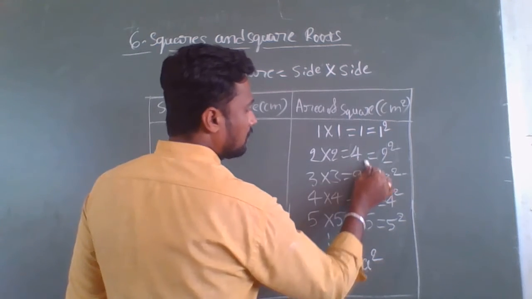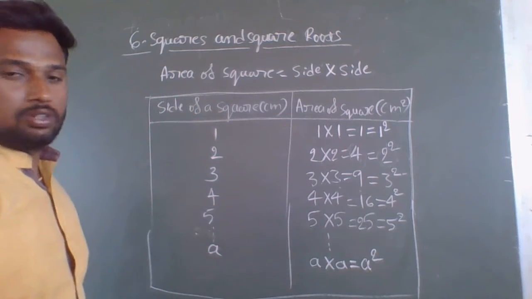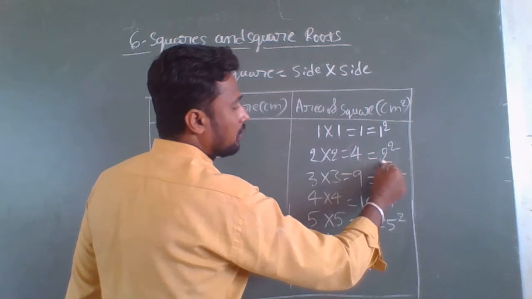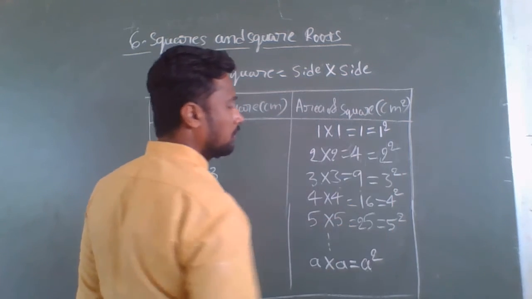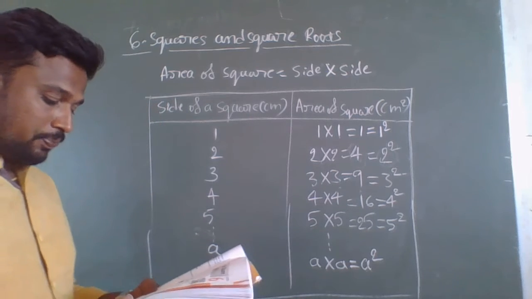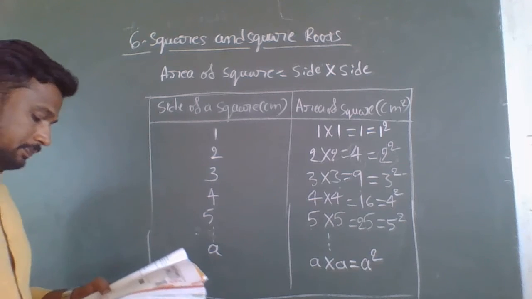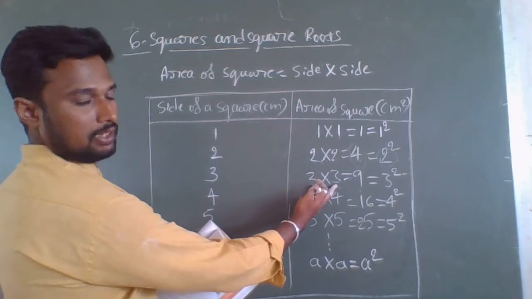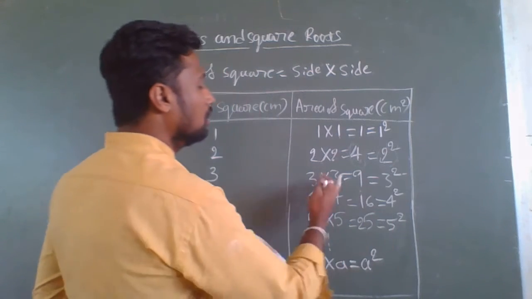So the specialty about these numbers 4, 9, 16, 25 is that we can represent 4 as 2 into 2, and we can write this 2 into 2 in the form of 2 square, because you are multiplying 2 two times. Like this only, the next number 9 can be expressed in the form of 3 into 3, which you can represent as 3 square.